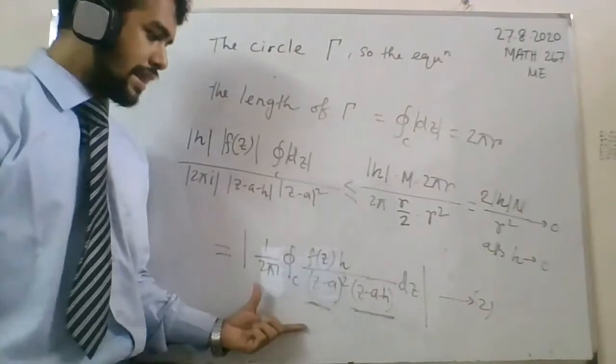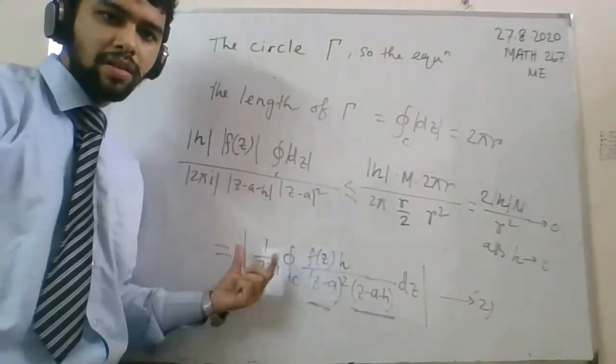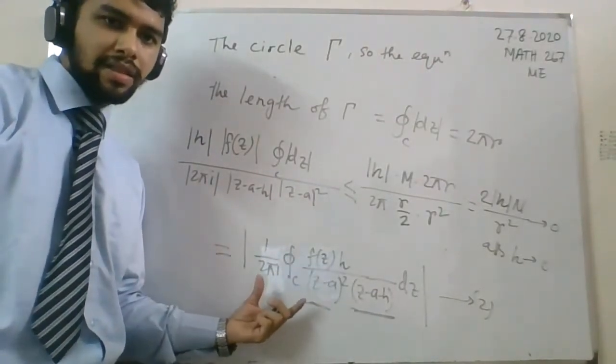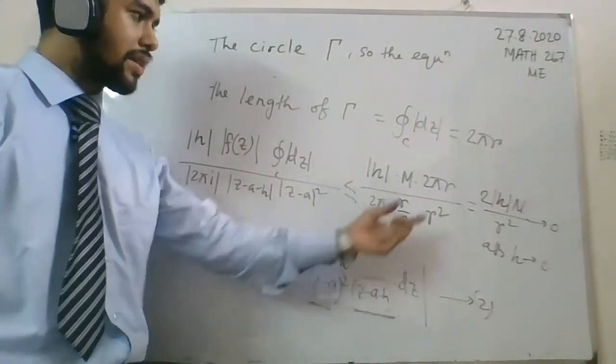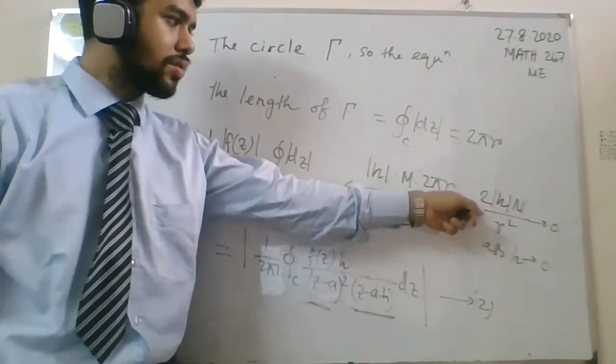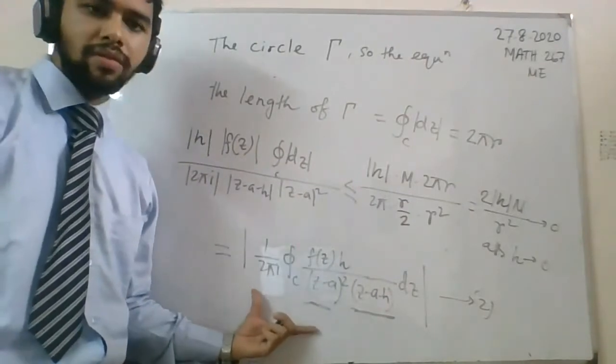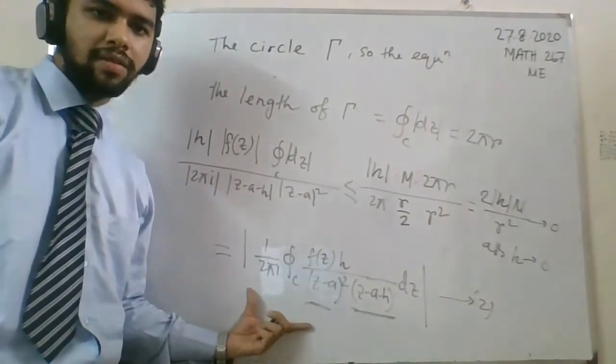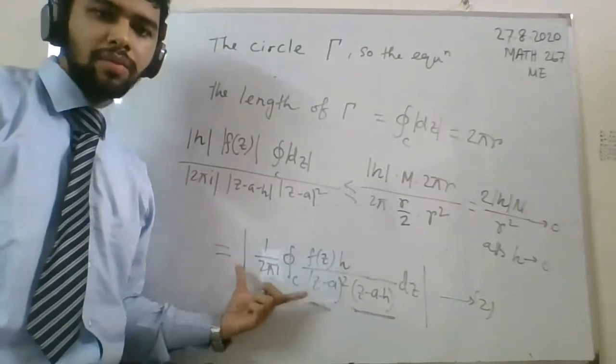After the separation, the second term, you can easily say if h tends to 0, this value tends to 0, and the value of this term will be 0.